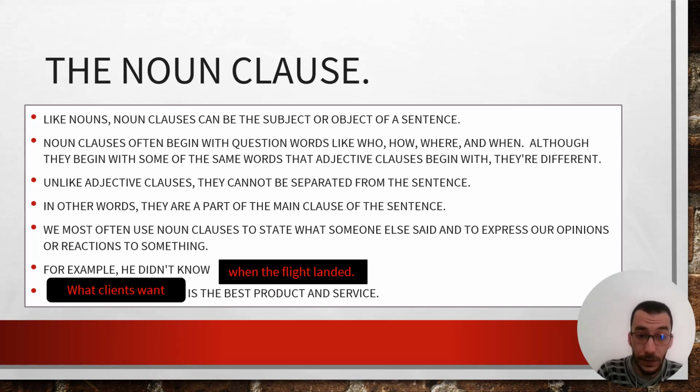We most often use noun clauses to state what someone else said and to express our opinions or reactions to someone or something. We use the noun clause to express the state of someone, or our opinions or reactions to something.